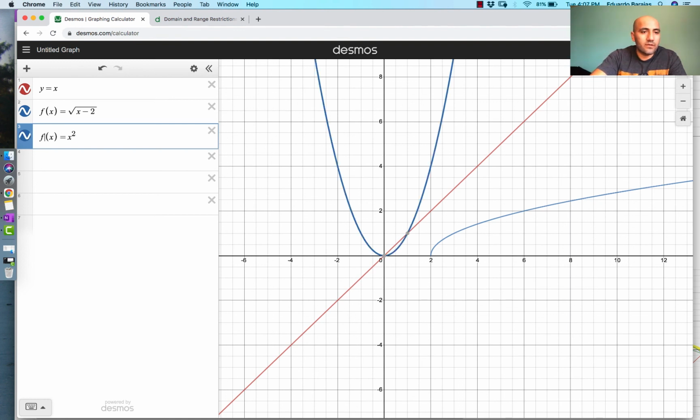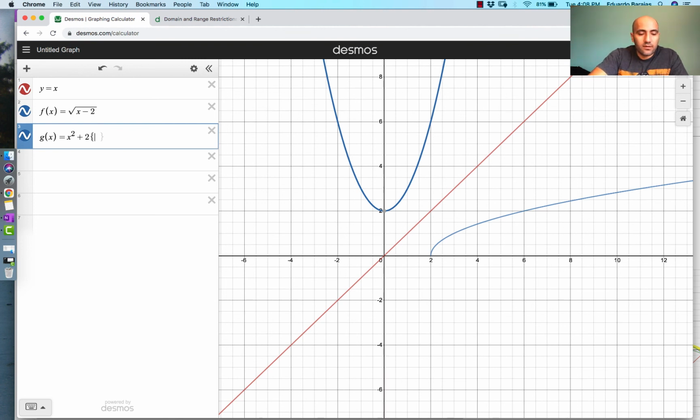Oh well, I'm just going to have to label it g. Plus 2, but it's restricted, so restricted for x being greater than or equal to 0, curly bracket.